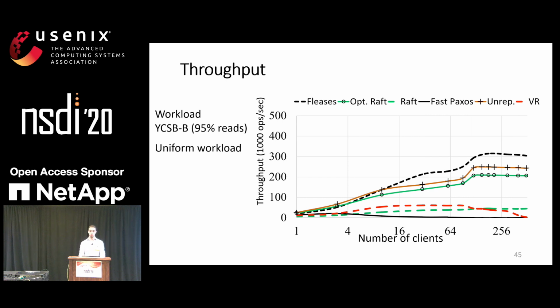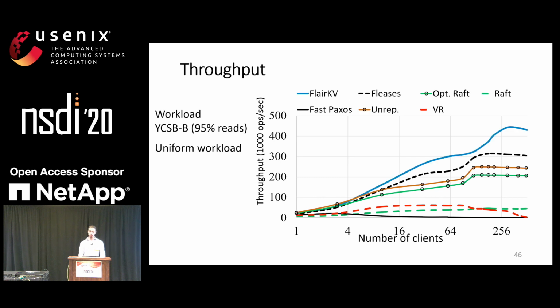And this is the performance of F-leases. And as you can see, it achieves even better than this because it now can utilize the followers to serve read requests. And this is the throughput of FlairKV. And as you can see in the figure, it has up to 42% higher throughput than F-leases and up to 2.1 times higher throughput than optimized Raft.